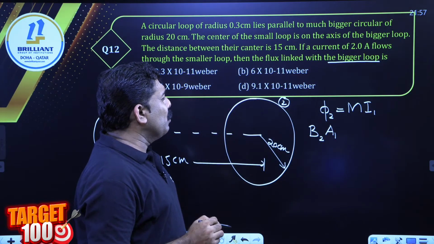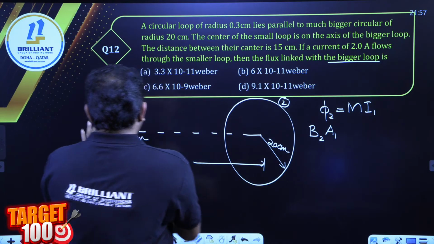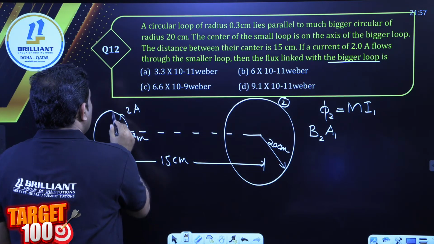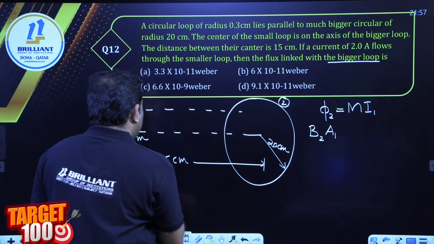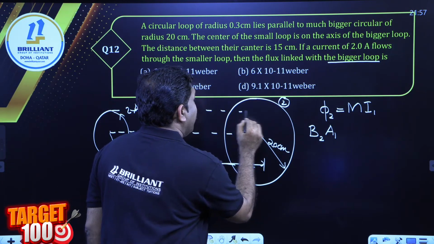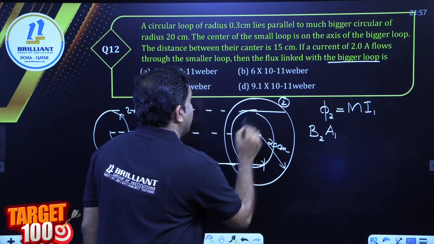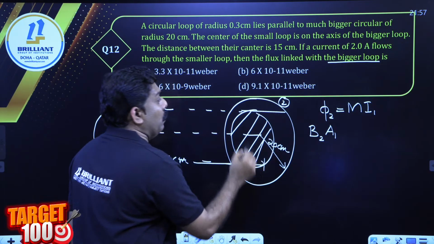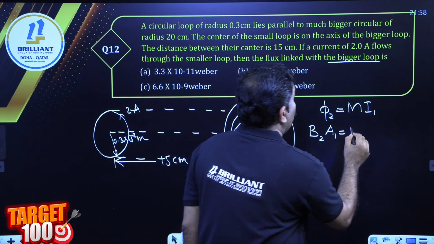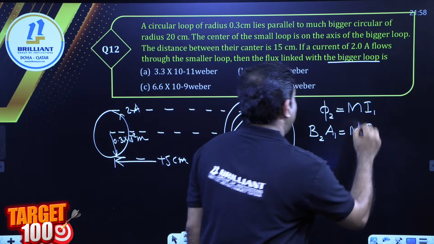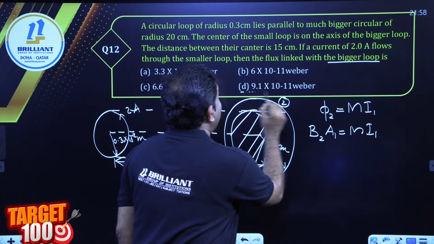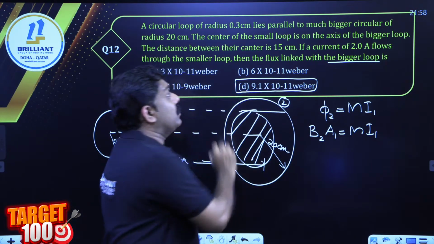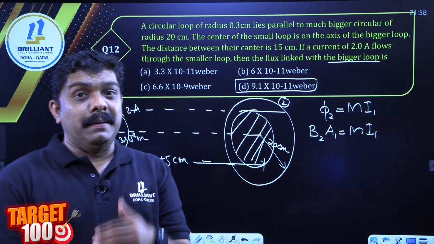Why B2 into A1? The current is flowing through the smaller loop, so the area linked with the second loop in the field is this much only. So that is equal to Mi1. Substituting the data, we get 9.1 into 10 raised to minus 11 Weber.